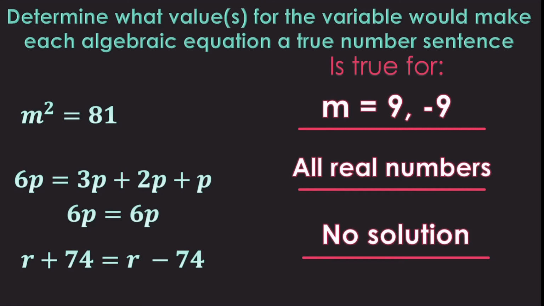There's no possible way. There's nothing I can plug in that I can add 74 or subtract 74 and they stay the same. So these are basically the three options you'll get when solving equations in this unit. You're either going to get an exact answer, you're going to get all real, or you're going to get no solution.